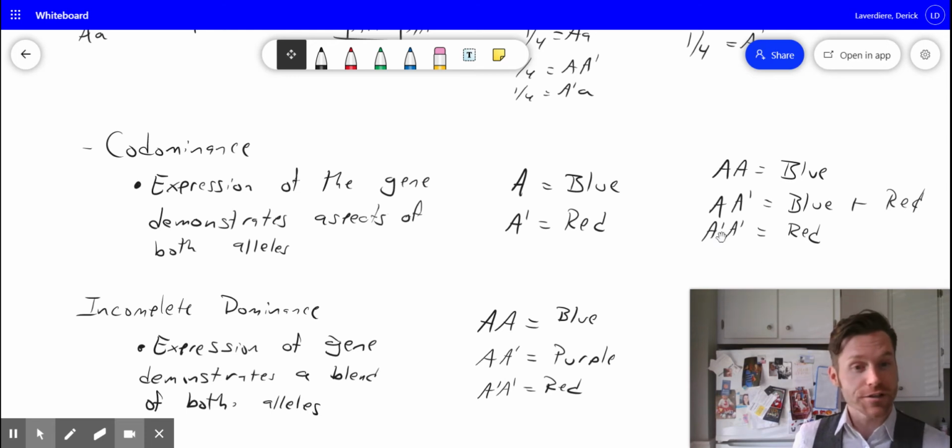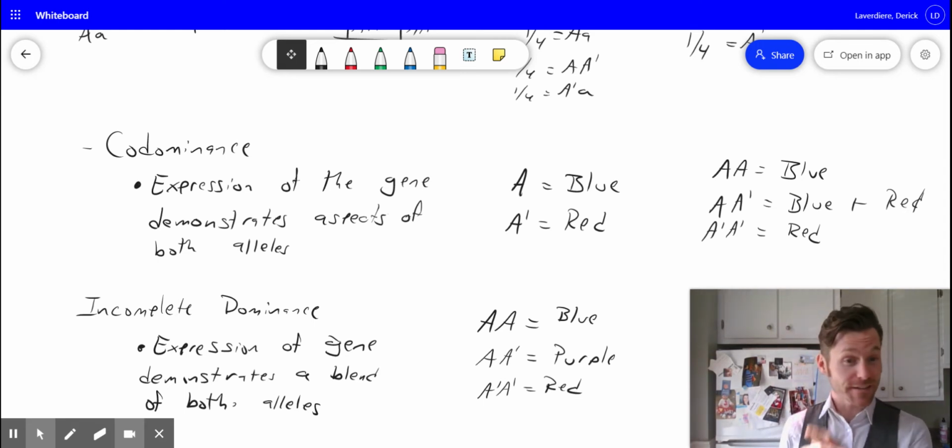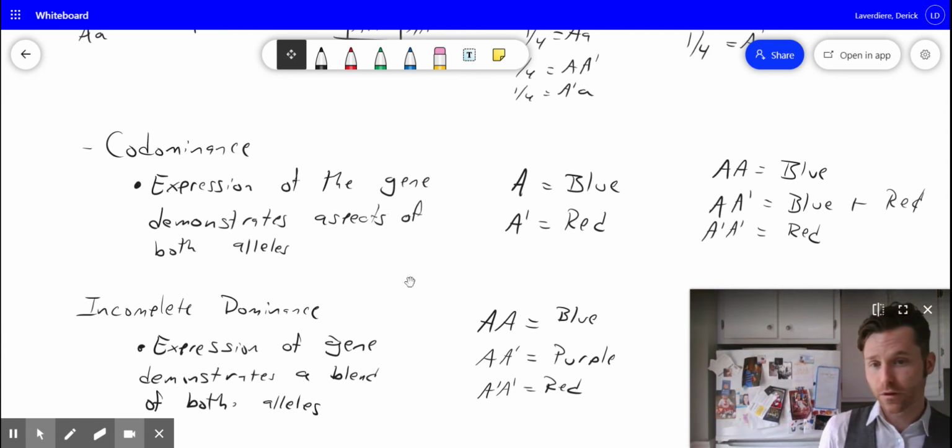A homozygous organism that is big A prime is going to be looking red. But if I have a heterozygote organism in this particular setup, that organism is going to be blue and red. Okay, so maybe it's blue with red stripes, or it might be red with blue polka dots. You're going to see blue, you're going to see red. Okay, codominance, they show up together. You see them both.